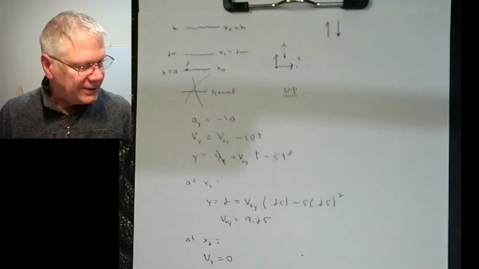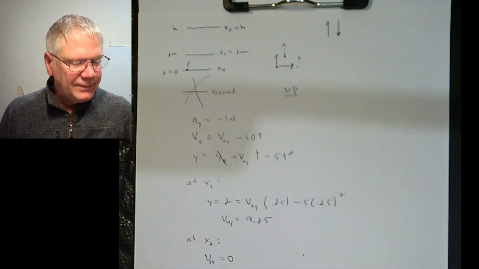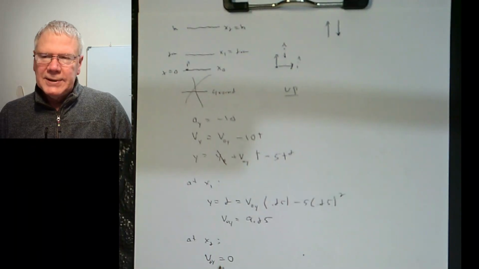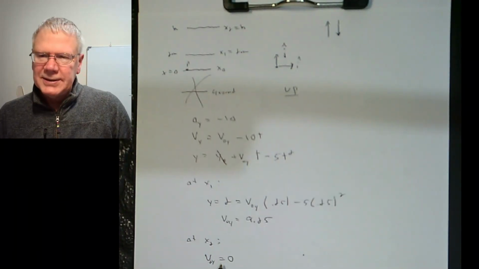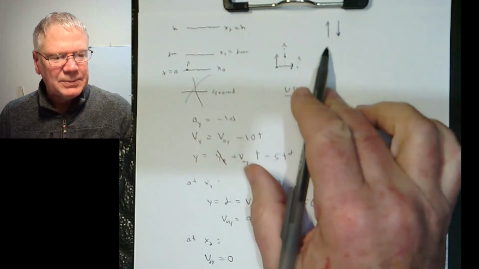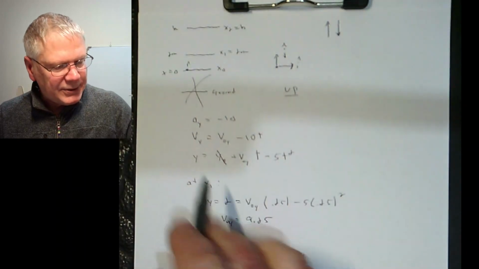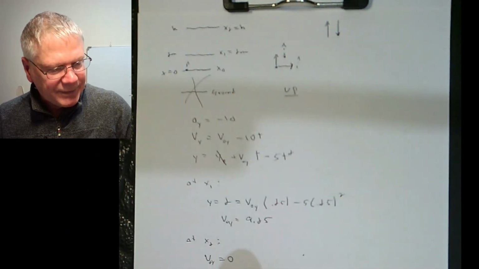Let's call that v2y at x2. So instantaneously at the top, it's not moving. It's going to slow down, hit a 0 velocity, and then speed up coming back down. So that's going to allow me to use this equation here.